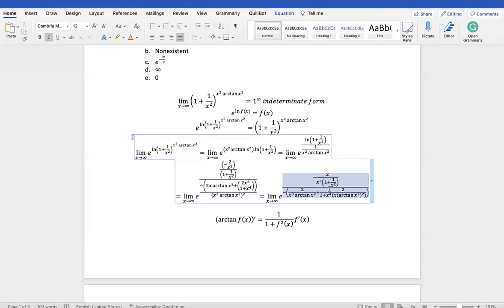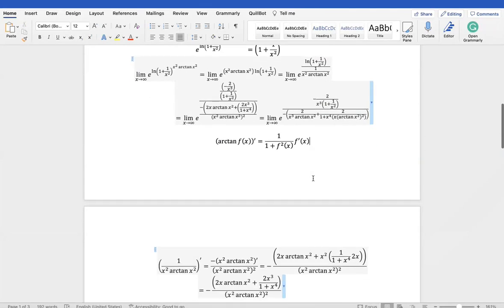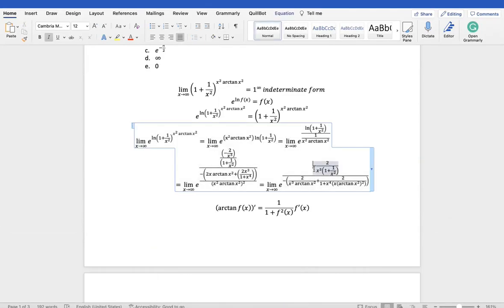So you should simplify further here in such a way that you get the answer, which should be e to the pi over 2, or let me just double check. It's e to the minus pi over 2. Right. So, any questions here?